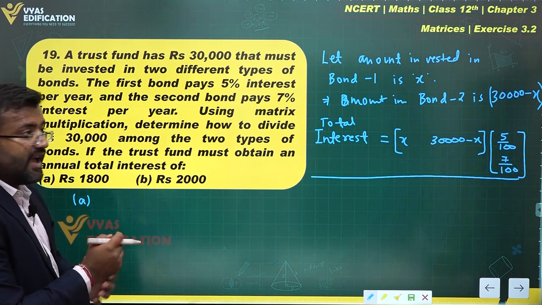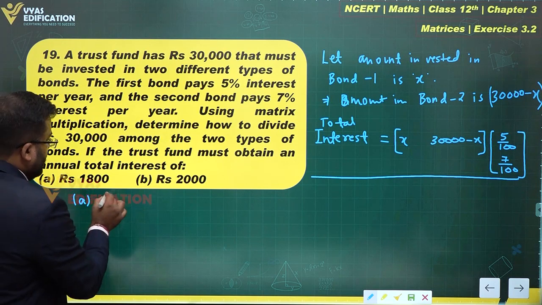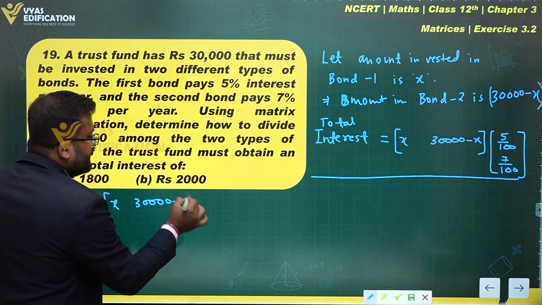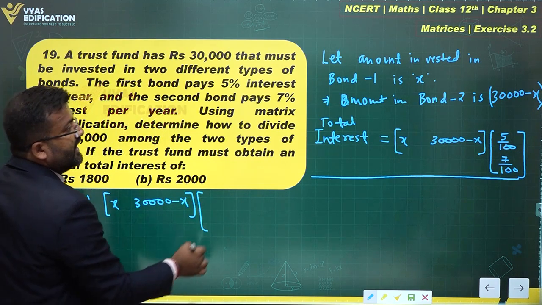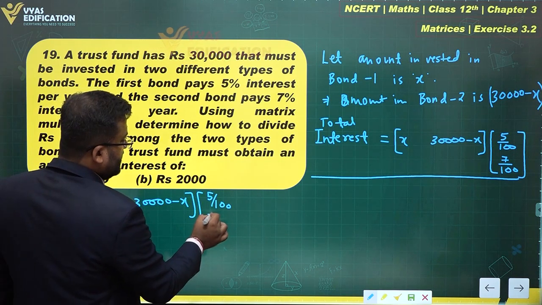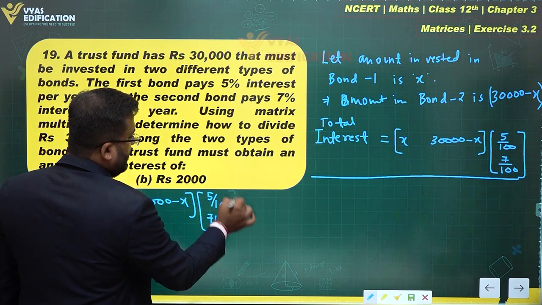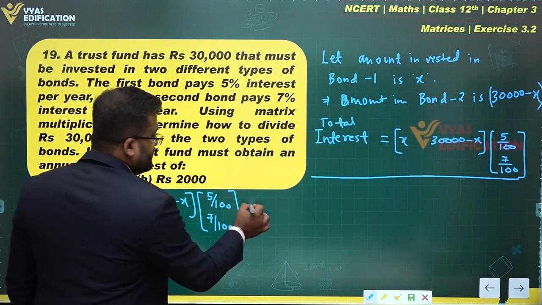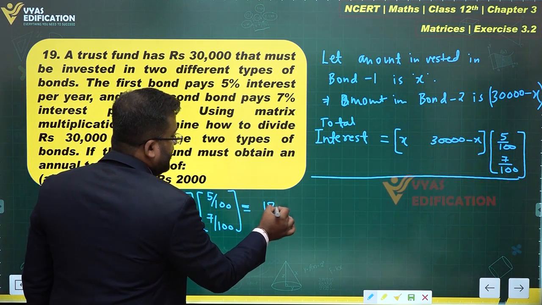For the first part, what we have is the matrix X, 30,000 minus X, times the matrix 5 by 100, 7 by 100, and this total interest is equal to 1800.